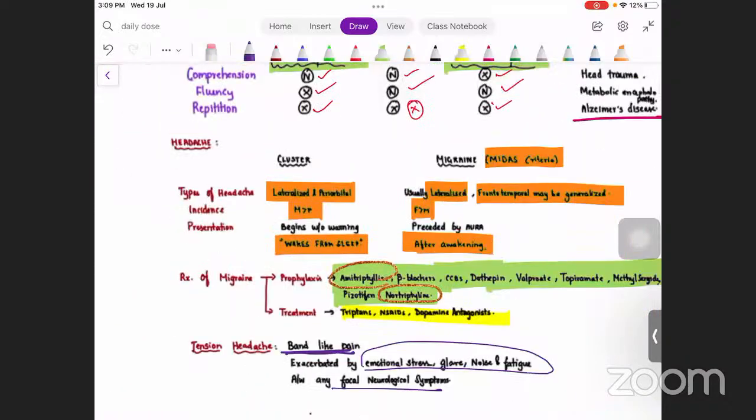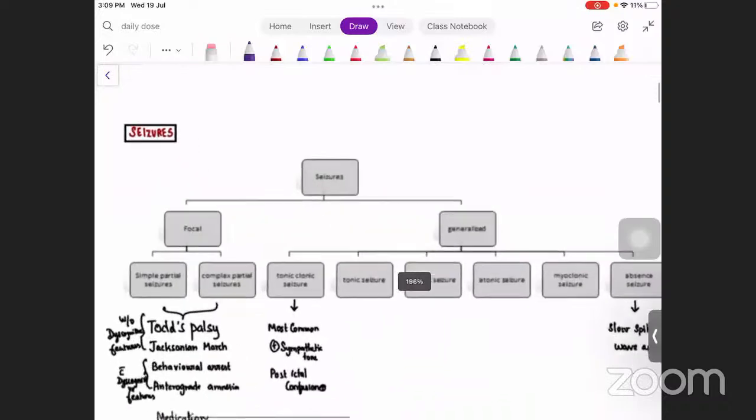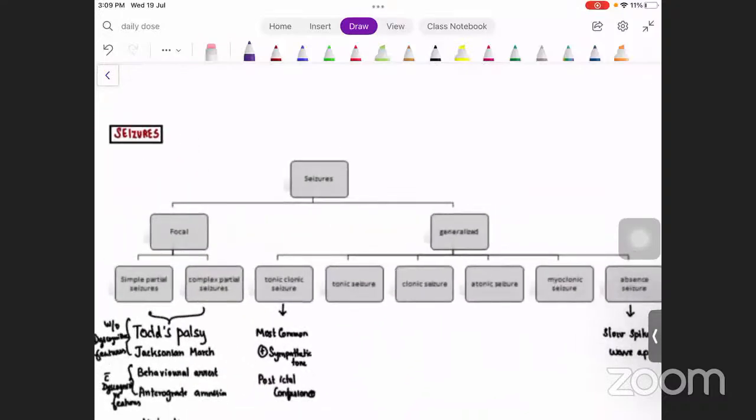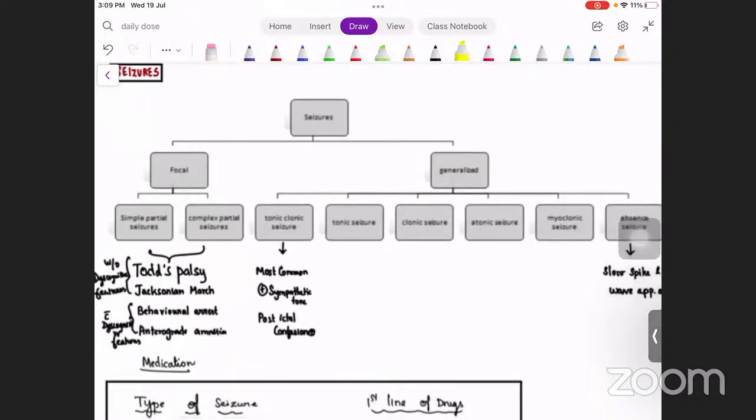So we have talked about headache, aphasia, and UMN and LMN lesions. Now the important area we are going to talk about is seizure, a very important area in neurology. Seizure could be focal seizure or generalized seizure.